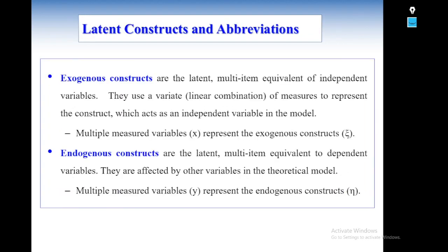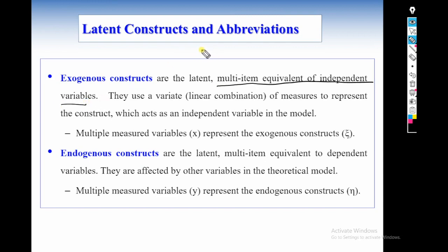Okay, so there are two things. One is latent constructs and abbreviations. For latent constructs, there are two types of construct. One is the exogenous construct and another is the endogenous construct. In structural equation modeling, we do not use the term dependent and independent variable. Basically, an exogenous variable is the multi-item equivalent of independent variables.